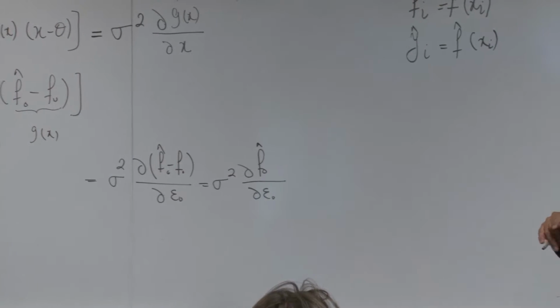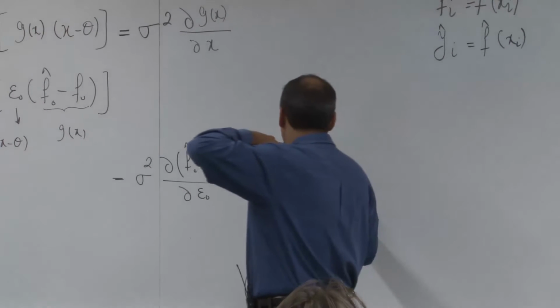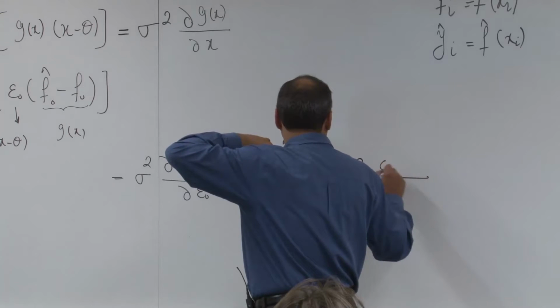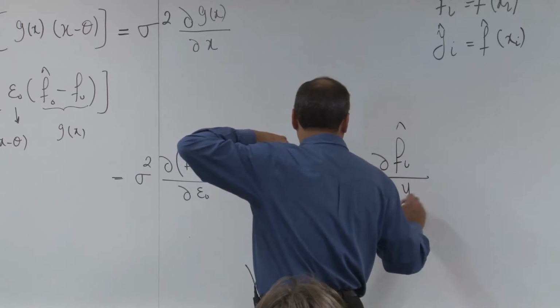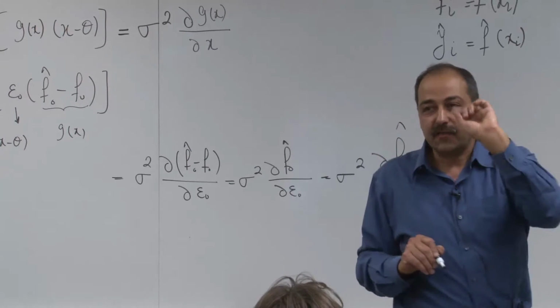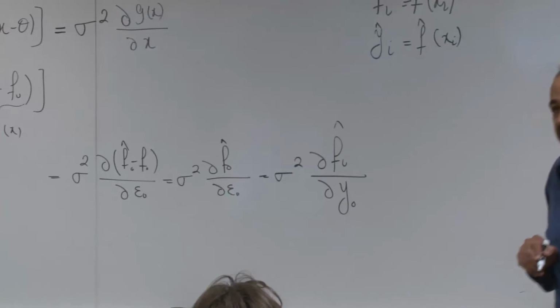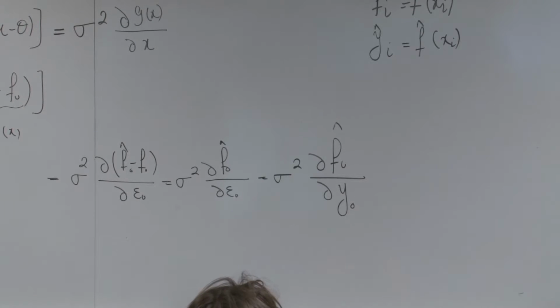Even you can write it as sigma squared times the derivative of f hat with respect to y. If I perturb y, basically the function is going to change.